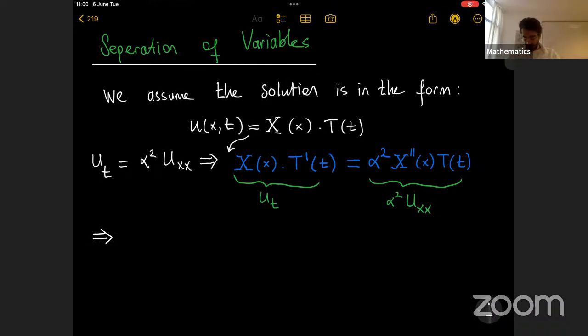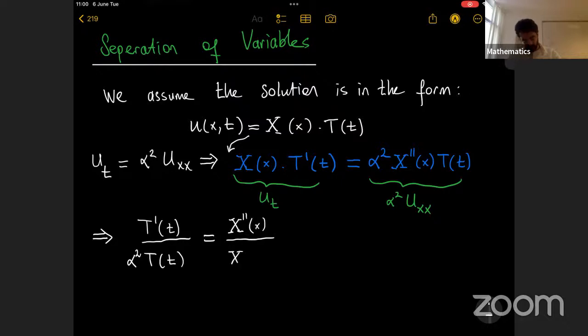So it becomes like this: T prime of t over T of t, maybe let's also take alpha squared here, not very important, but let's write it like this, is equal to, on the right hand side, X double prime of x, the function, over the function X.